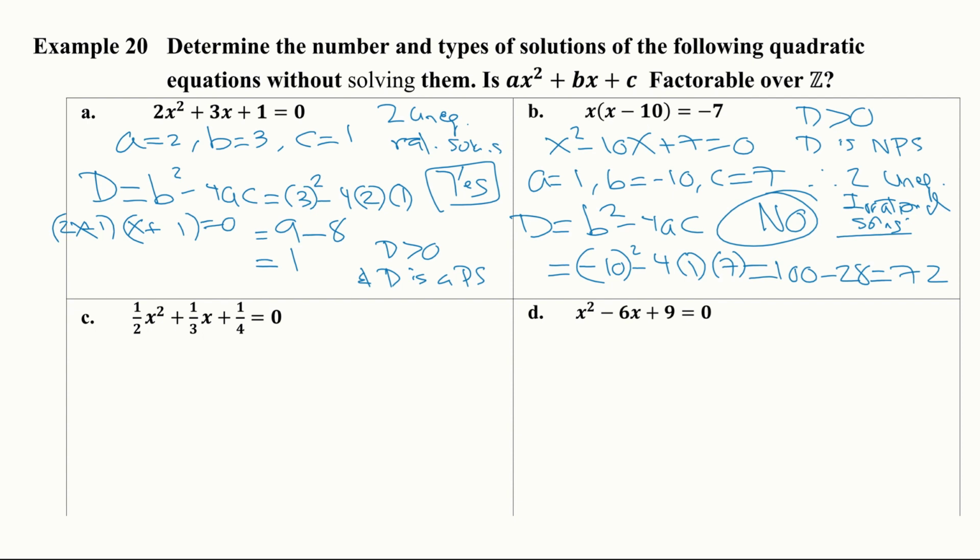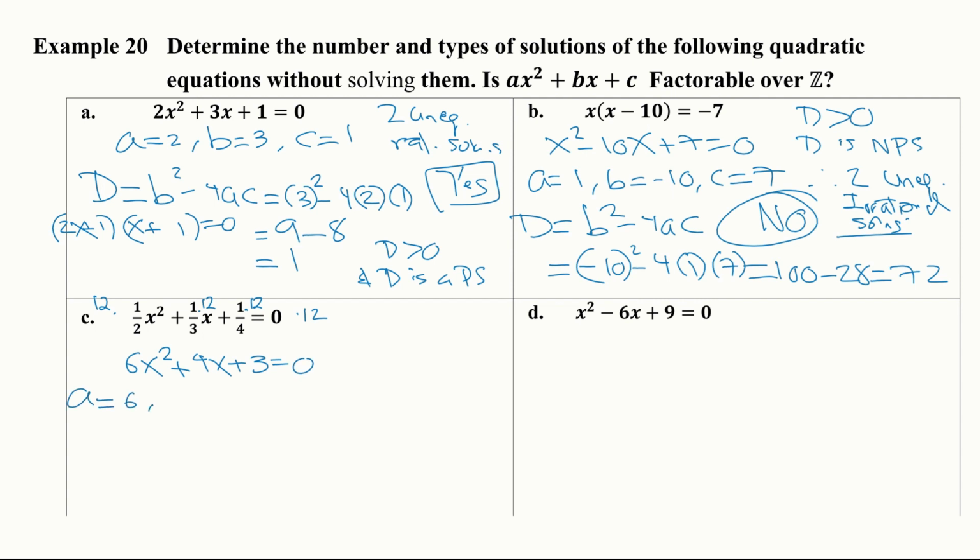We're going to multiply both sides by 12, so that means all terms because of distribution, right? So 12 times, and then times 12 times 12 times 12. So we end up with 6x squared plus 4x plus 3 equals 0.